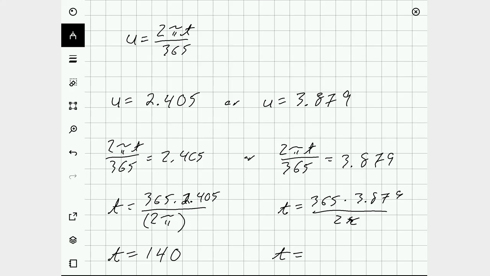And 225.337 just rounds to 225. So on day 140 and on day 225, there should be 10 hours of sunlight.